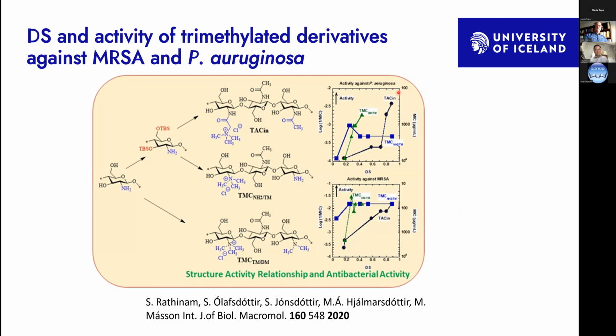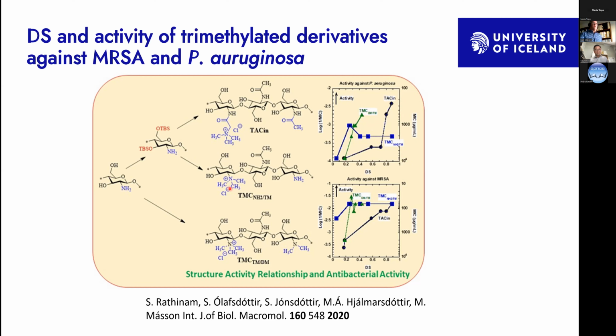And I didn't really introduce these graphs. Note here that this is a logarithmic scale. Here you have the MIC values, and activity goes up as the MIC value gets lower. And we see that with this compound, there is a very direct, very strong correlation with the degree of substitution.